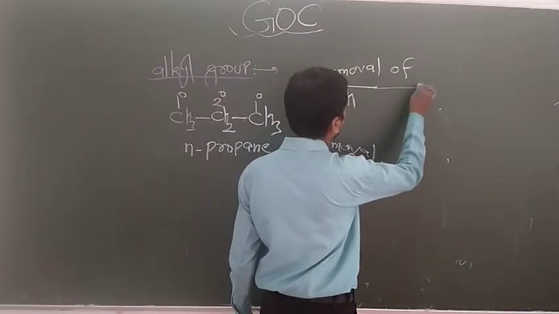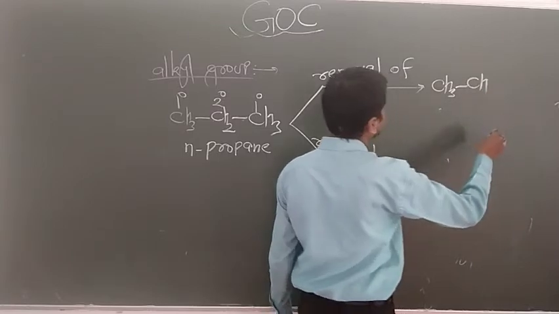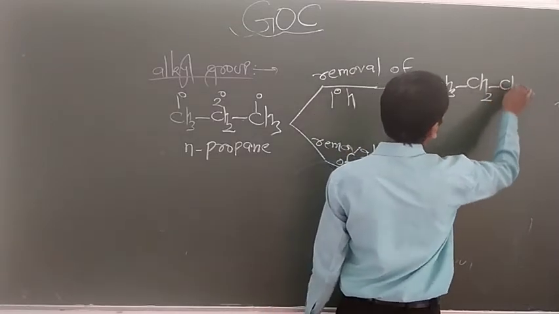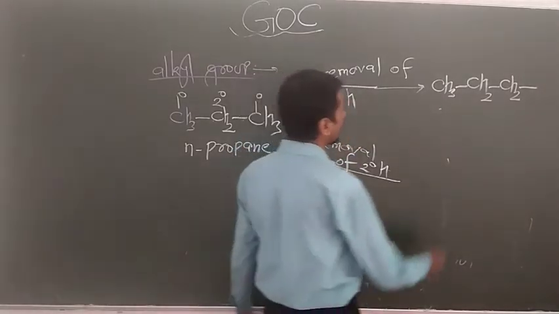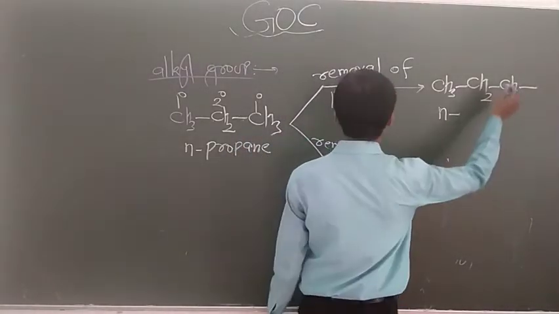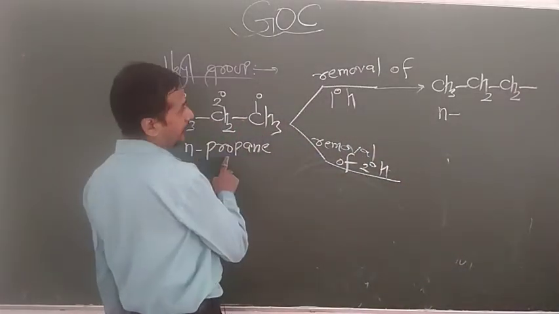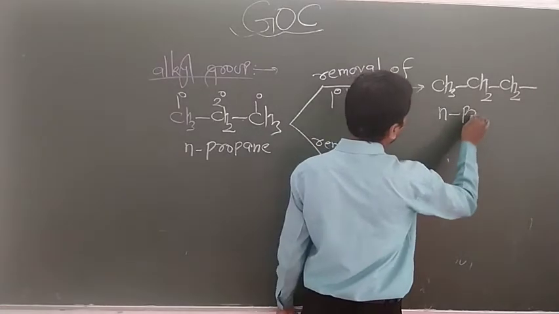So this generates 2 types of group. When we remove H from the 1 degree carbon, we get this formula of alkyl group. Now this is the straight chain, that's why it is known as n. Here n-propane, now you have to remove ane, so this becomes n-propyl.